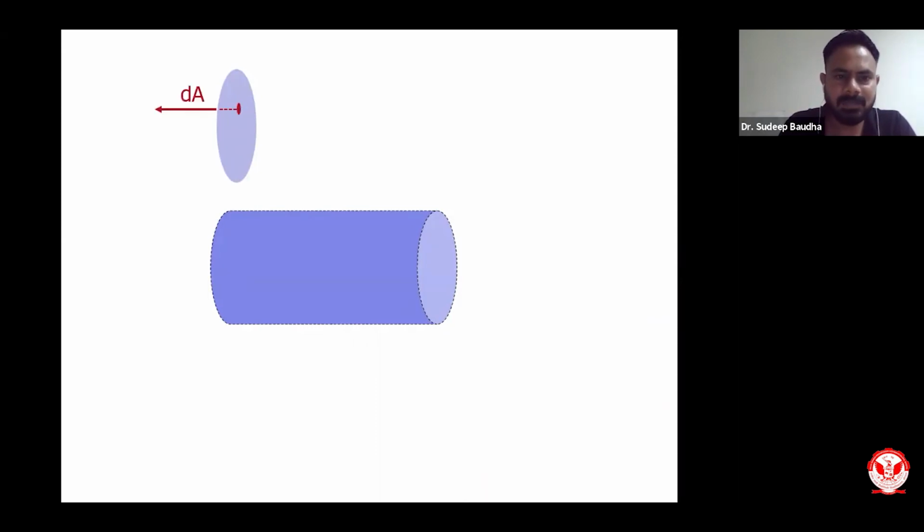As we have applied for a cylinder, we have already seen what will be the electric flux on the cylinder when it is kept in a uniform electric field. So there are 3 sections. First section, you can see the direction of electric field, and the area is over here for the left cap. Electric field is like this. What will be the total amount of electric flux? That will be 0, because E is perpendicular to dA.